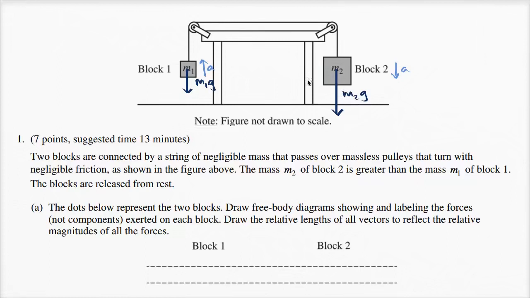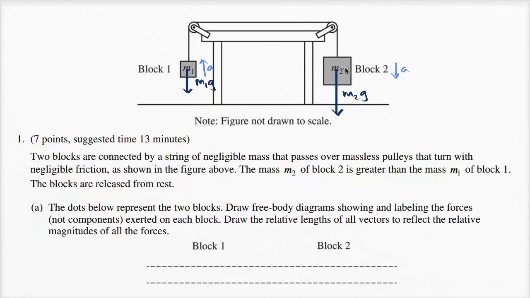Now, we're not done yet, because now we also have the upward pulling force of the tension in the string. We know that the tension is going to be pulling upwards on both of the blocks, but let's think about what its magnitude is going to be. In order for block 1 to accelerate upwards, which is our intuition as to what would happen, the magnitude of the tension has to be larger than the magnitude of the weight.